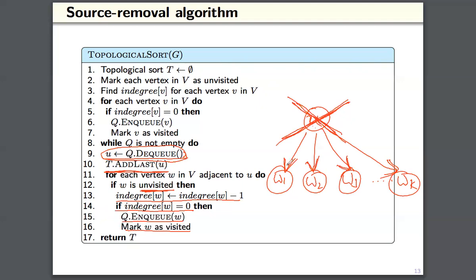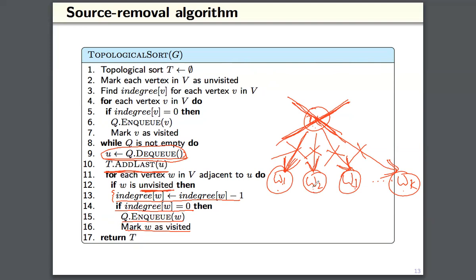What do you mean by removing the edges coming out of that vertex? That means if we remove this edge to W1, we are decrementing the in degree by 1, isn't it? Yes. We are decrementing the in degree of W2 by 1. We are decrementing the in degree of W3 by 1, so on. We are decrementing the in degree of each of these vertices by 1 if it is unvisited.